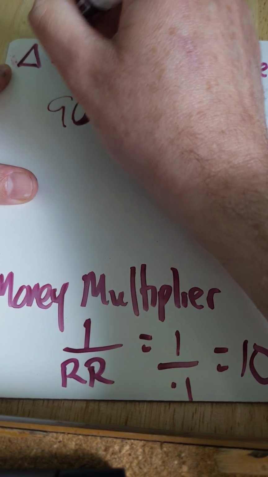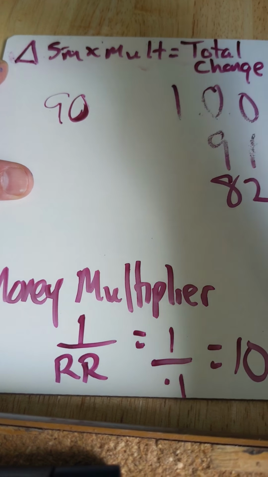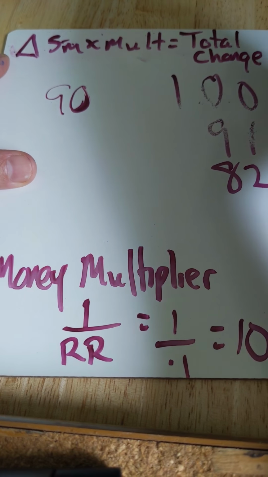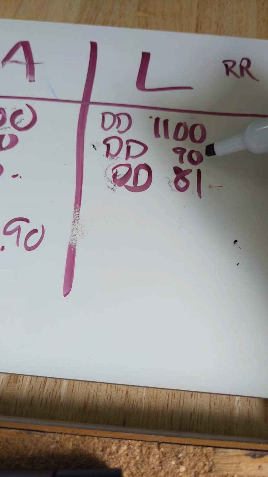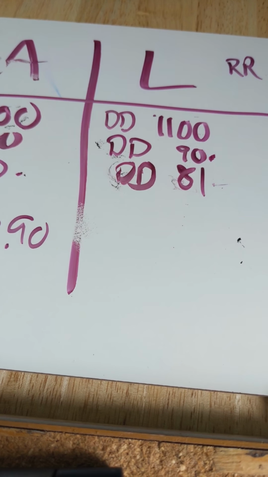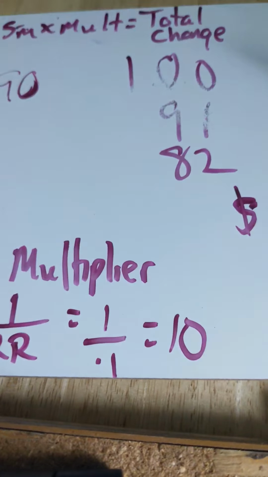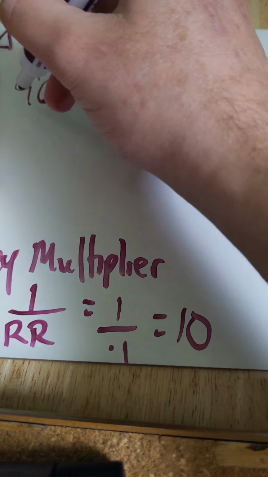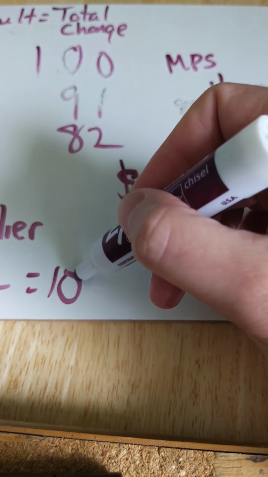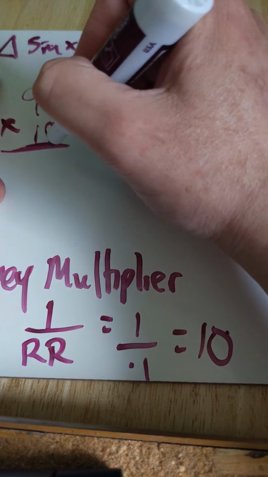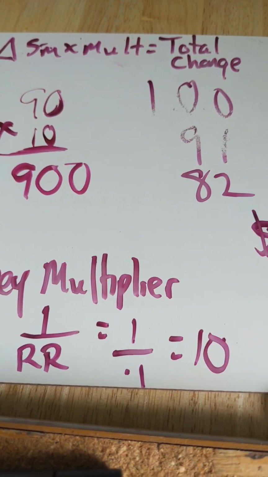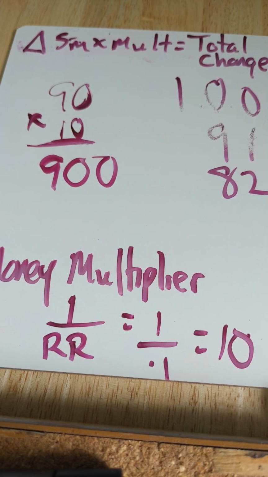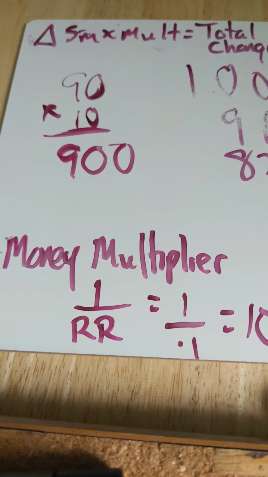It's going to be a loan, so it's the initial loan. The first loan we made was $90. So $90 times multiplier of 10, we will get a total money supply change of $900. That's all it is. That's how the money supply change works.